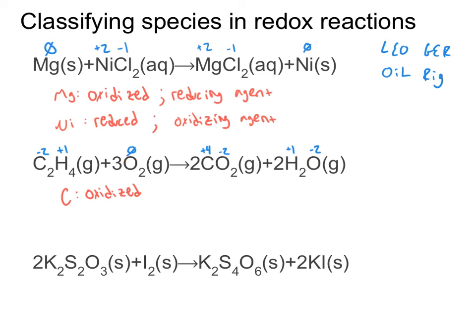Therefore, oxygen had to have gained electrons, and so oxygen was reduced. And so, since carbon was oxidized and caused oxygen to be reduced, carbon was also our reducing agent. And likewise, oxygen was reduced, causing carbon to become oxidized. Therefore, oxygen is our oxidizing agent.